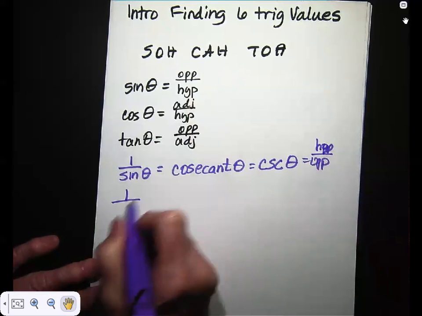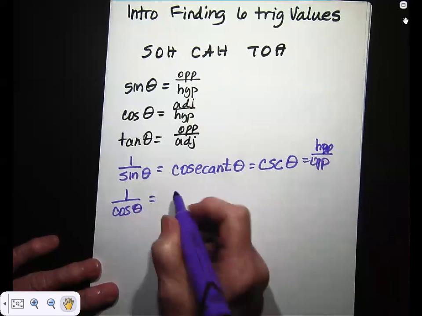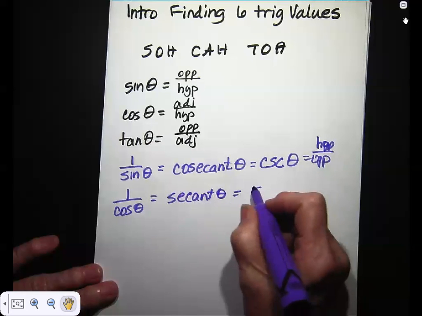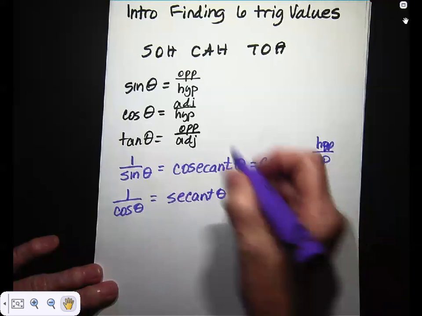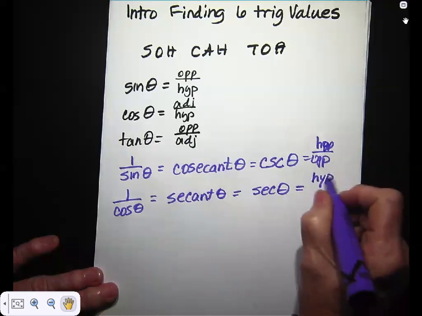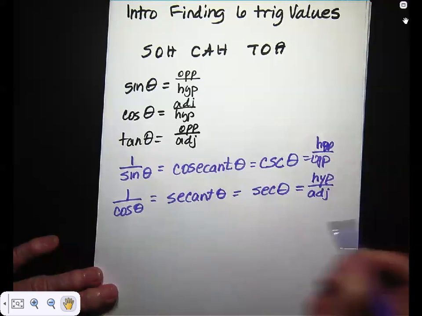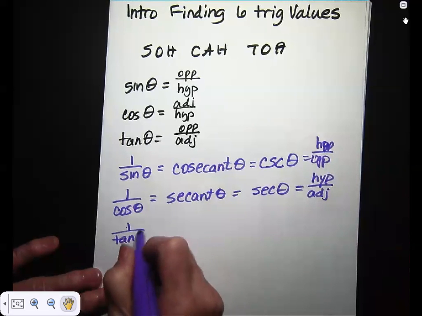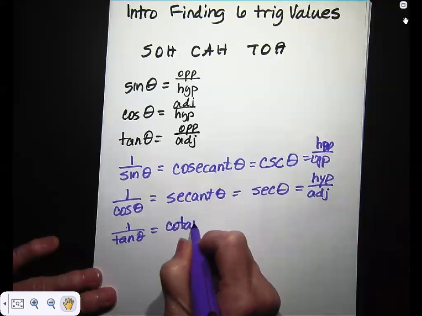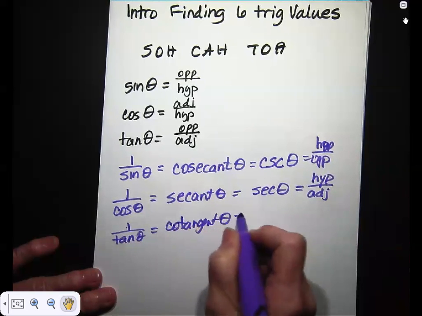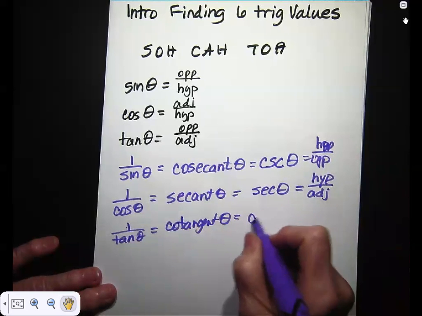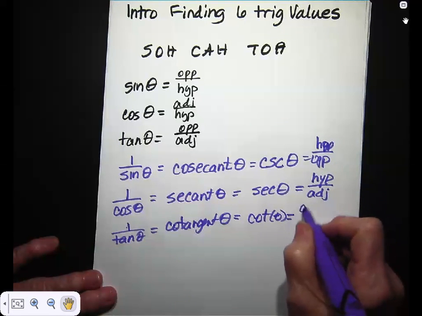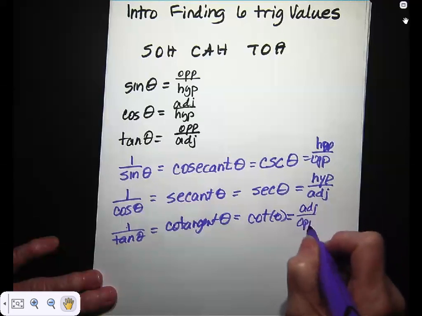If I took 1 over cosine, that would be secant, abbreviated SEC, and that's the flip of cosine, so the hypotenuse over the adjacent side. And then 1 over tangent would be the cotangent, which is COT, which is the adjacent over the opposite side.